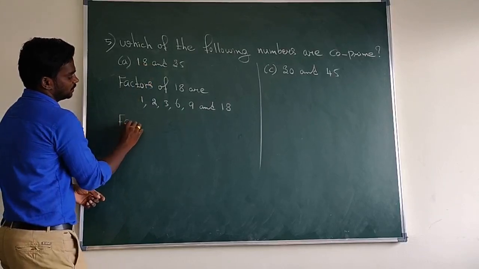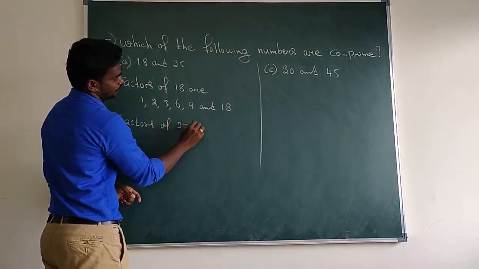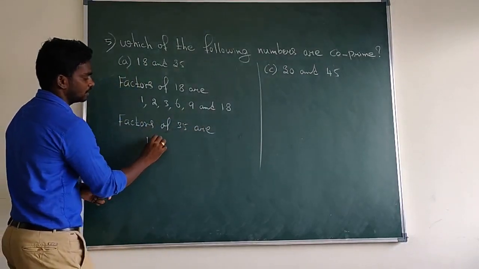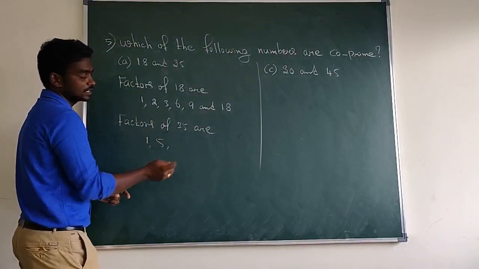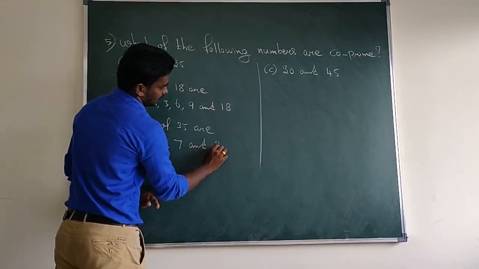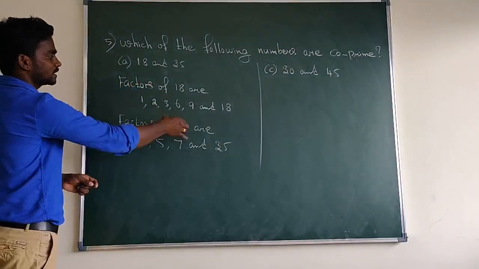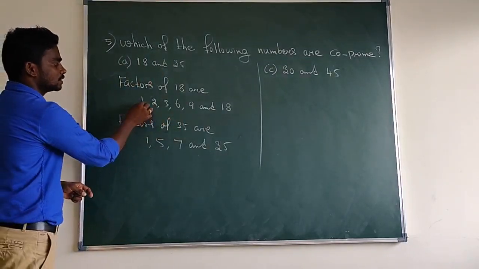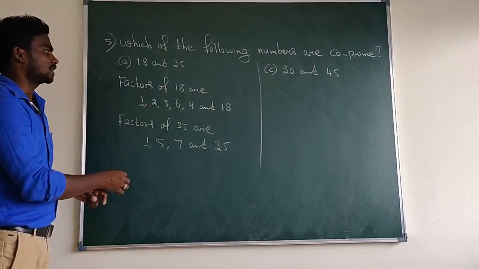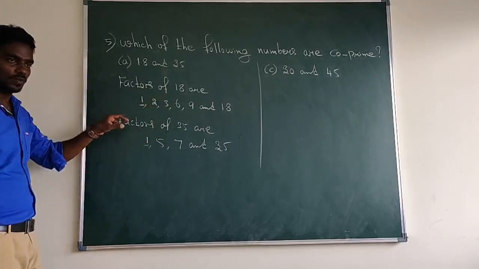Then next, factors of 35. Factors of 35 are 1, 5, 7 and 35. Which is the common factor for these two? Comparing these factors, the common factor for these two is 1 only.